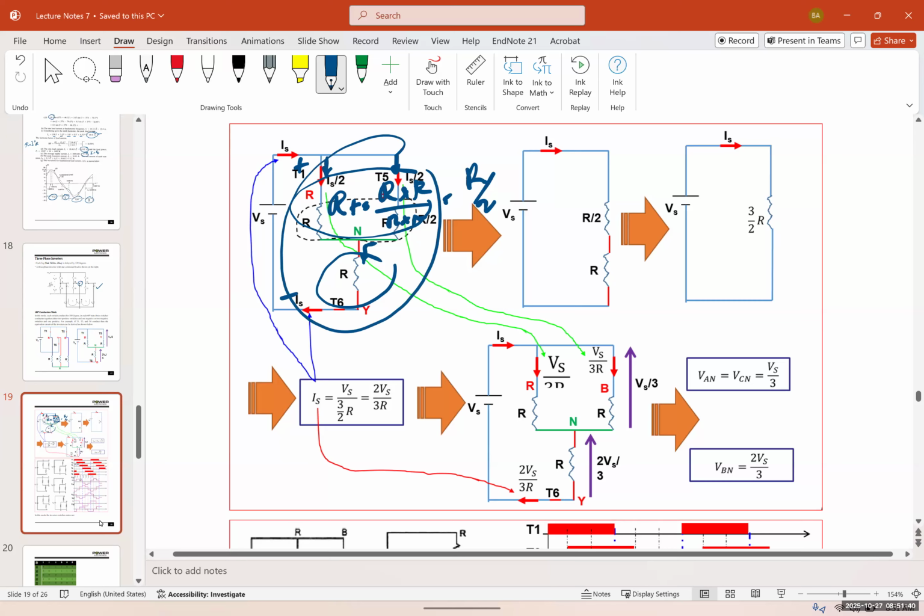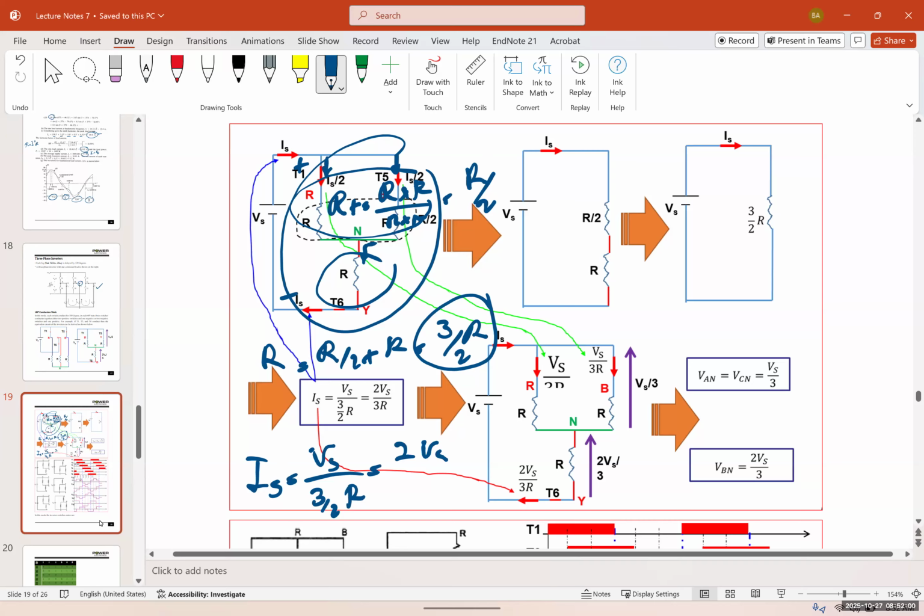For the whole system, it's going to be R divided by 2 plus R, which is 3 over 2 R. Now, if I want to find IS, I would divide Vs over the equivalent R, which gives us 2Vs over 3R. So this is the way we get the source current.